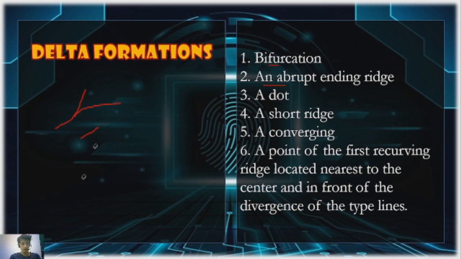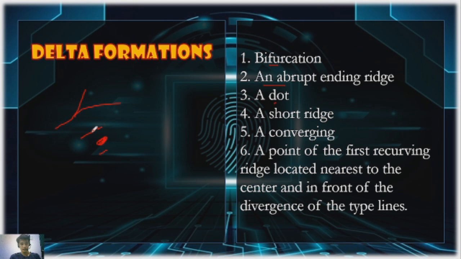Okay, so the delta might be this part. Okay, so abrupt ending ridge, or this will be our delta. Or if not, it could be a dot, or the delta of the pattern might be a short ridge, just a short ridge.